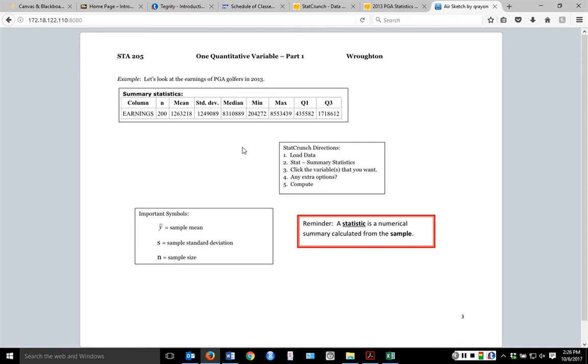Now what I'm mainly bringing this up for is, if I'm not going to make you calculate standard deviation, we would really like to know what that number is telling us. Standard deviation is the typical distance a point falls from the mean. So let's start at the mean, which is 1.263 million. I'm going to go out one standard deviation.